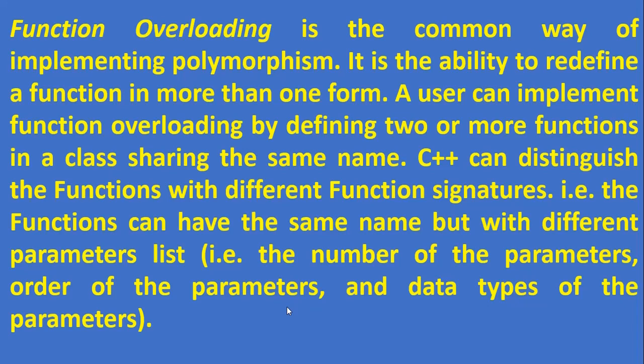If the number of parameters is the same, the data types should be different or the order should be different. If I declare a function with two parameters, both of type int, I can't declare another function with the same parameters, that is int and int. I will show all these things in practical.